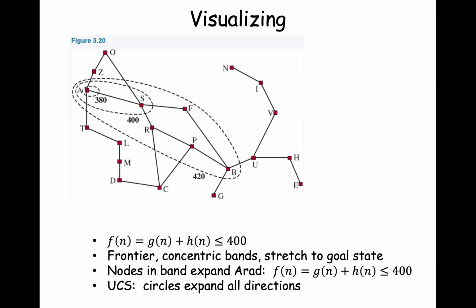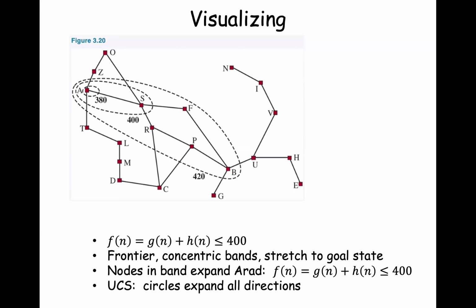So here's an example visualization, and this is in the book, and it talks about thinking about how your search proceeds as you use these evaluative measures of the sort that you would have with A-star, this combination of your g cost, your solution path cost to the intermediate node, plus your estimate h of n. And they think of it as kind of like an amoeba, a blob, or an expanding band, if you will, of search.